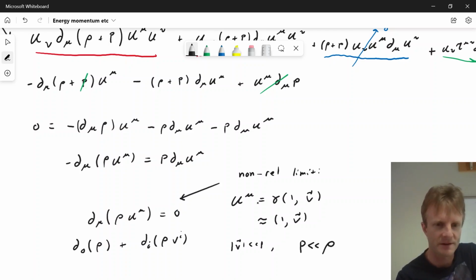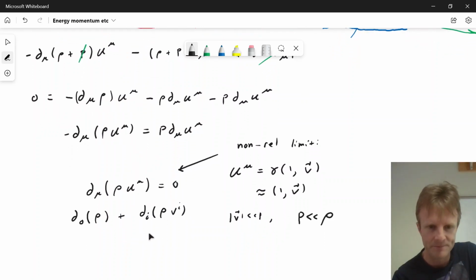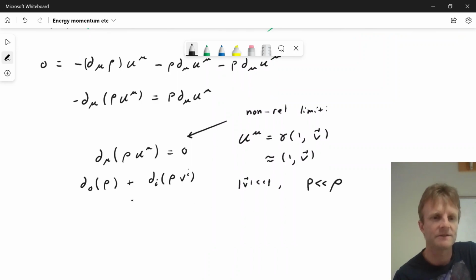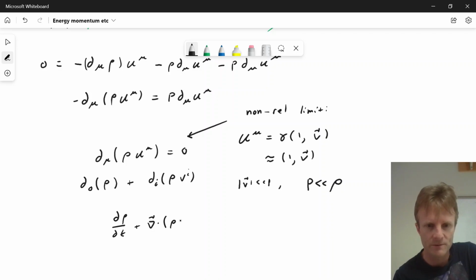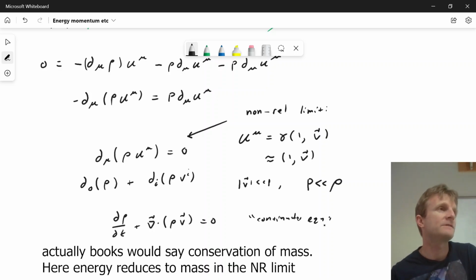That's from this approximation. And if you've done any fluid mechanics, you've seen this. This is the statement that d rho dt plus divergence of rho v equals 0. This is sometimes called the continuity equation. And your fluid books will tell you this is conservation of energy, and indeed that's what we got it from.